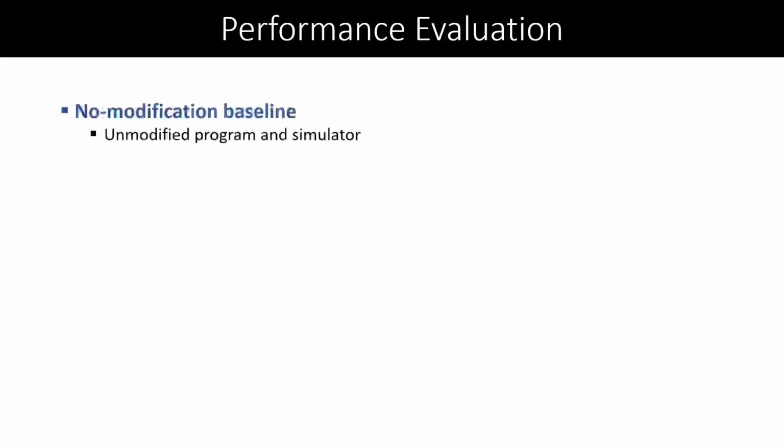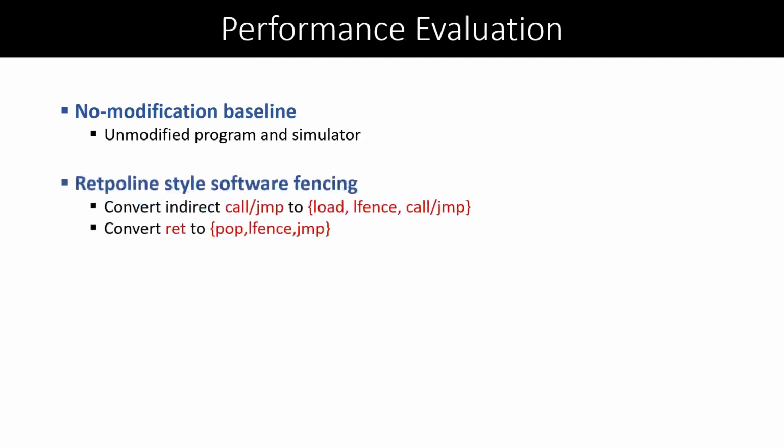We compare SPECCFI performance against 3 design points. As a baseline design, we use an unmodified, unprotected machine. The second design is Retpoline-style software fencing, which adds fences to the indirect branches using the compiler. So in this design, we change the compiler to do the following. Any indirect call and jump are replaced with a load, lfence, and call for protecting the forward edge.